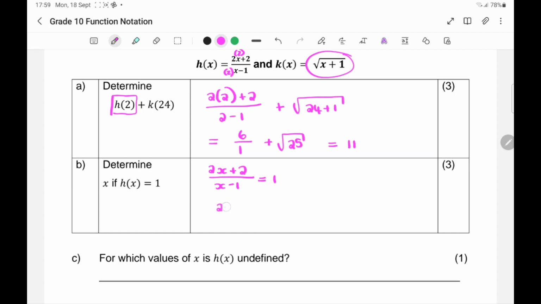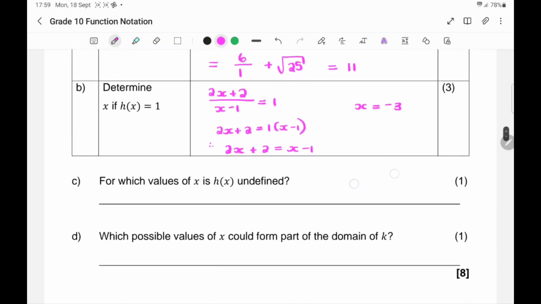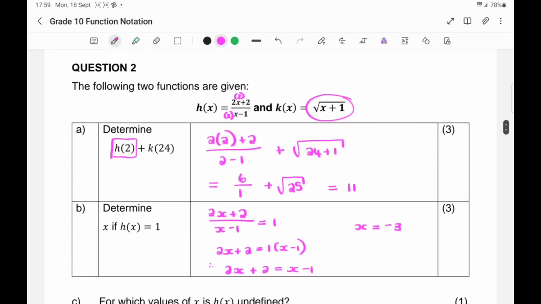So you get 2x plus 2 is equal to 1 times x minus 1, which gives you 2x plus 2 is equal to x minus 1. 2x minus x is x, and negative 1 minus another 2 gives you negative 3. And there's your answer. Now they ask you for which values of x is h of x undefined.